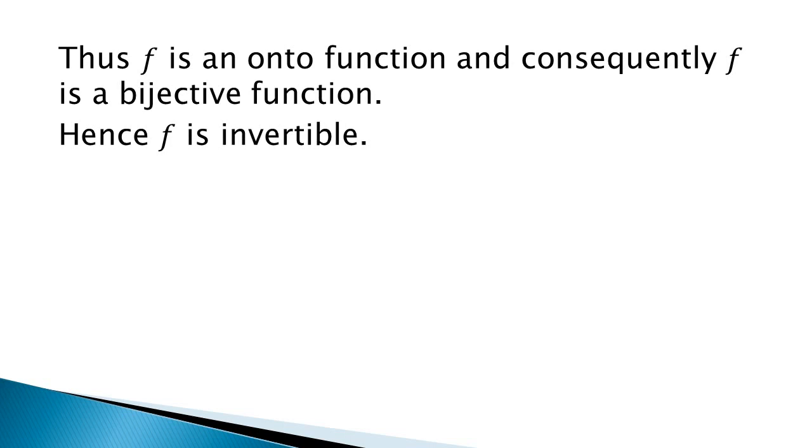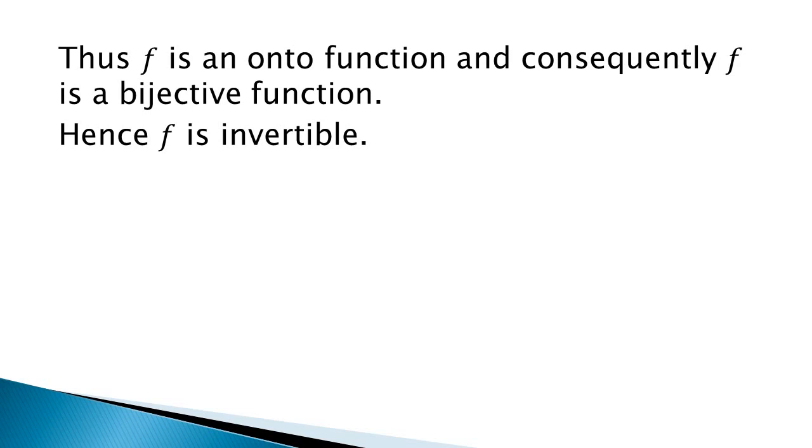and that shows that the function is onto. Since it is already 1-1, it is now onto, and consequently we can say that the function f is a bijective function, and we know that a bijective function is always invertible. So hence we can write it as invertible.